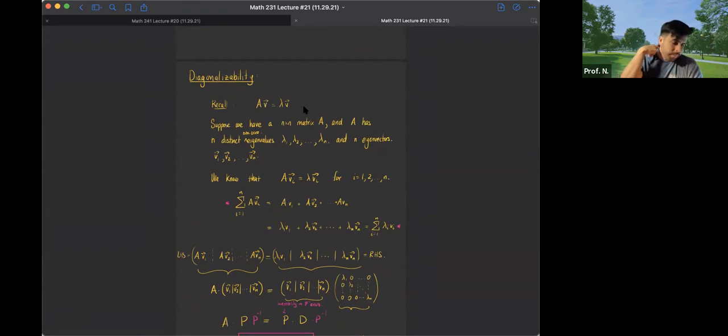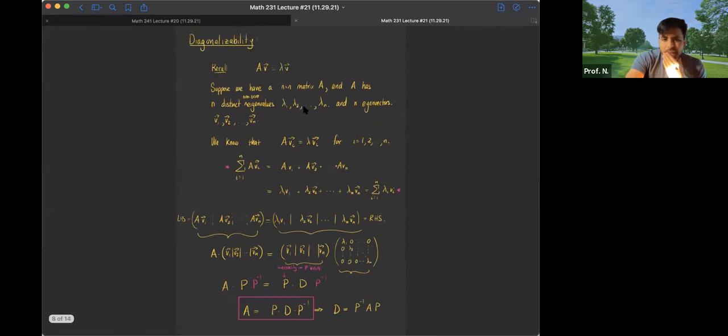And invertibility does not necessarily imply diagonalizability. So you can have invertible matrices that are not diagonalizable. Does anybody remember the condition for a matrix to be diagonalizable?